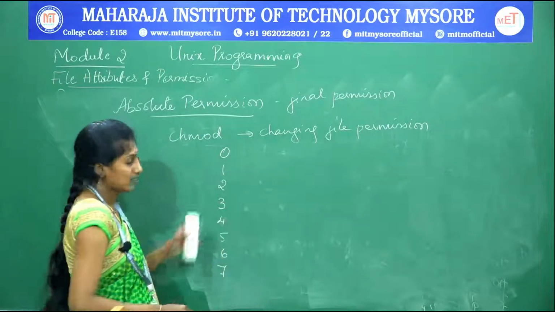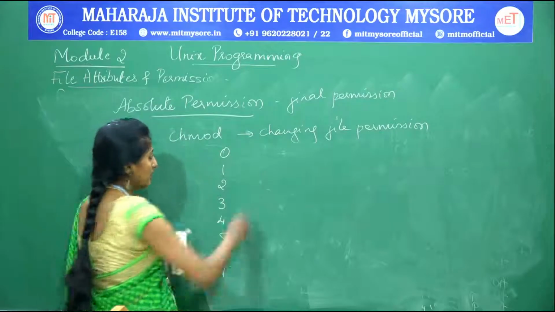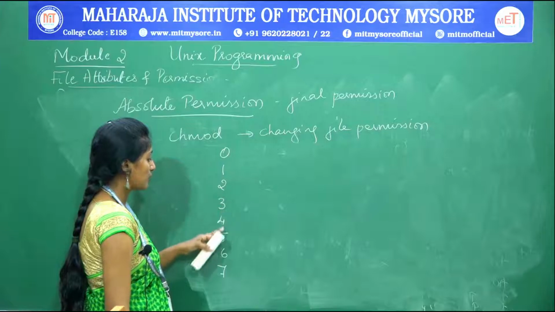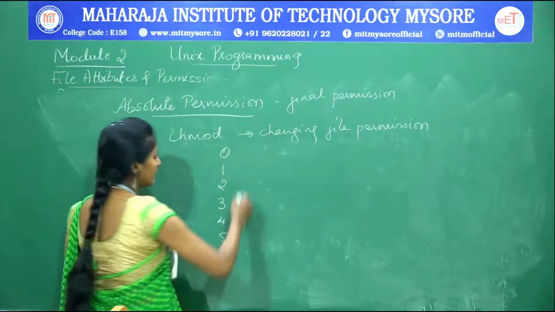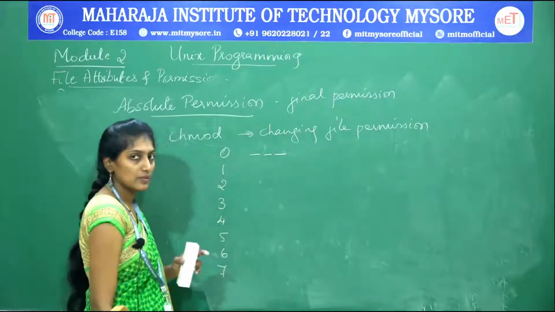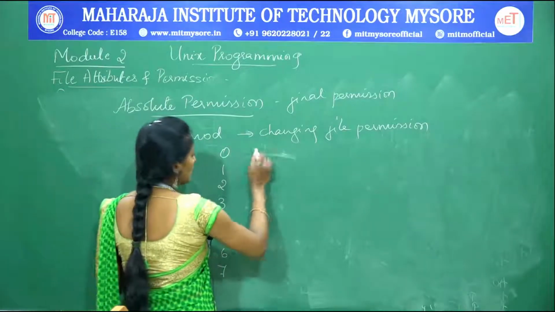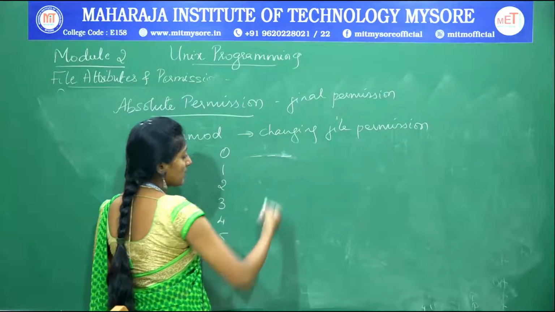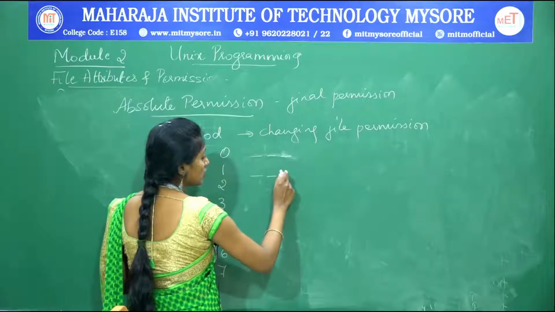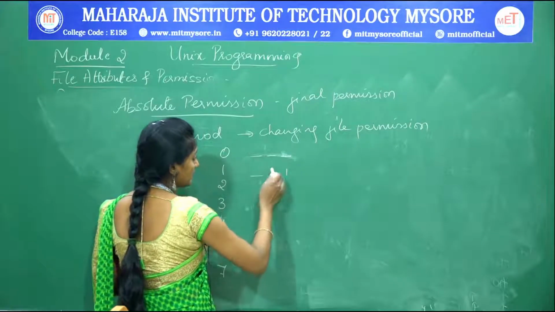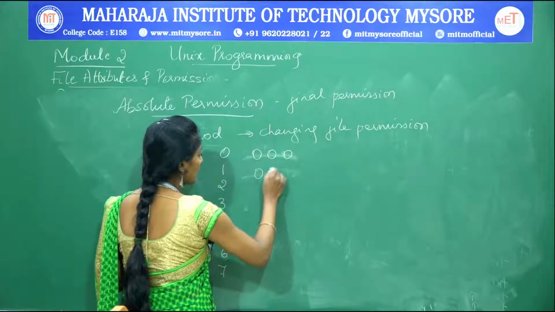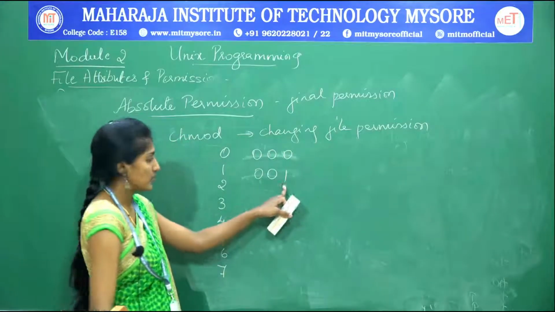Binary digit representation: as you all know, for 0 all the 3 bits will be 0 itself, or absent. For 1, one bit gets enabled, that is 0 0 1, 2 power 0 is 1.